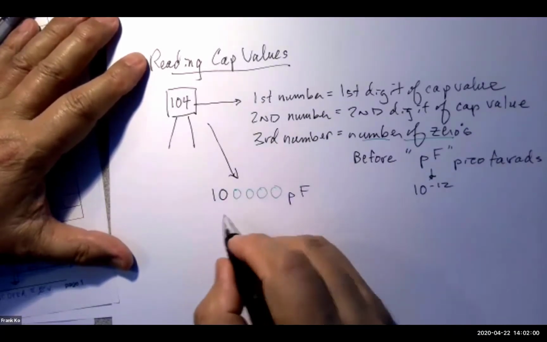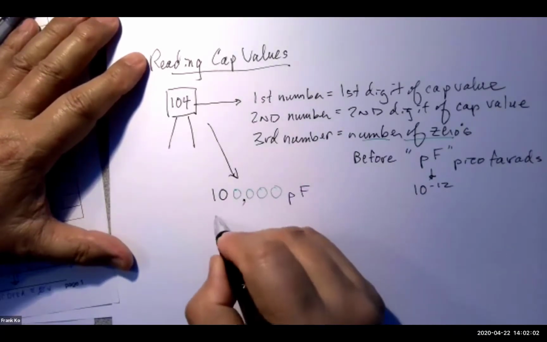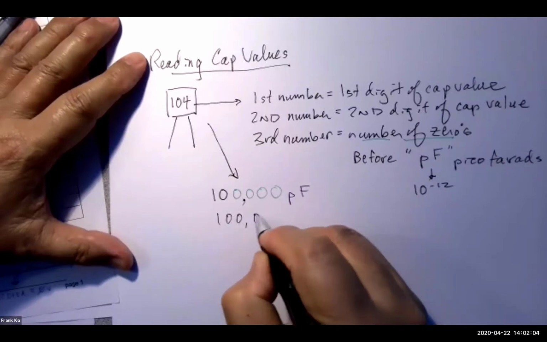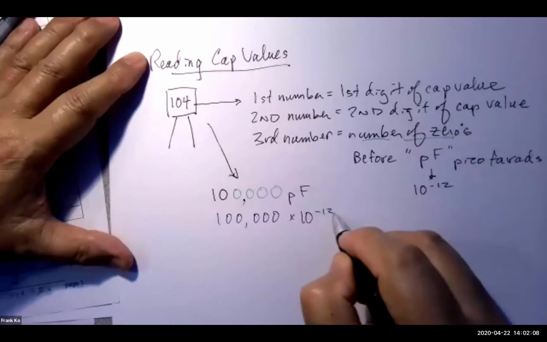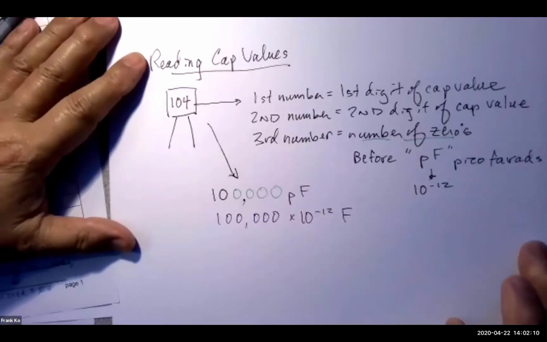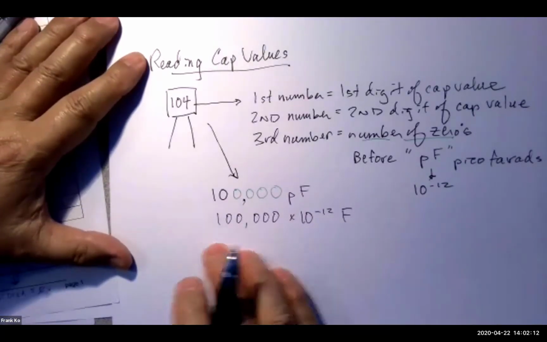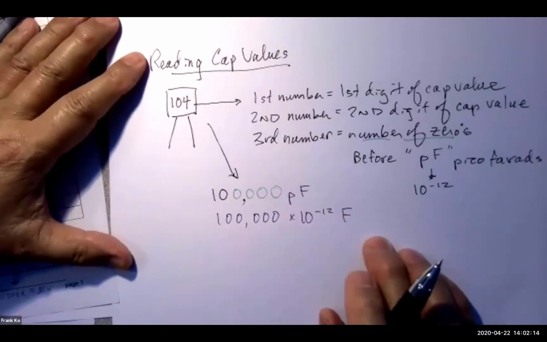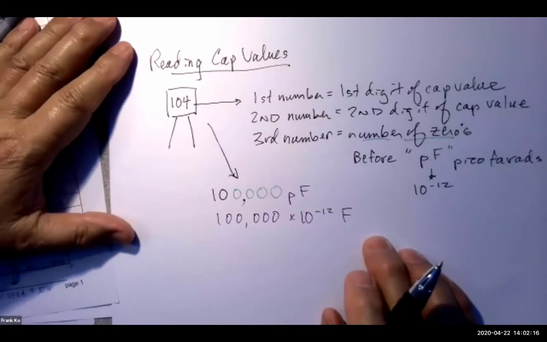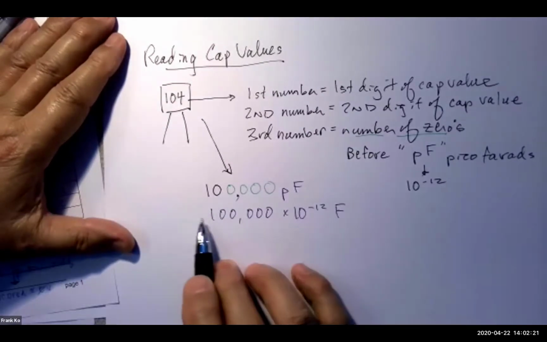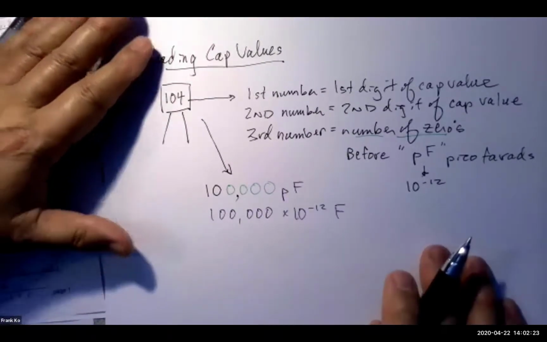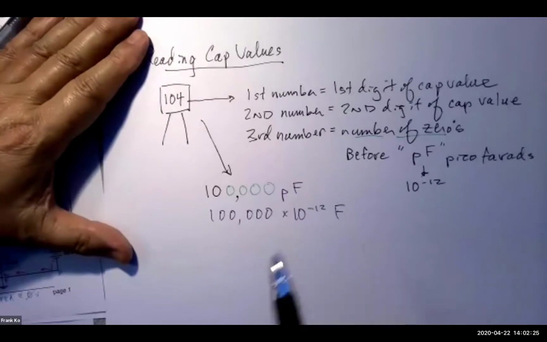And so what this means is we have 100,000 times 10 to the -12 farads. Wow. Well, we know that we don't key anything into our calculator or write down any answers unless they are proper engineering notation. And this has 6 digits here, so this is certainly not proper engineering notation. Try this right now.